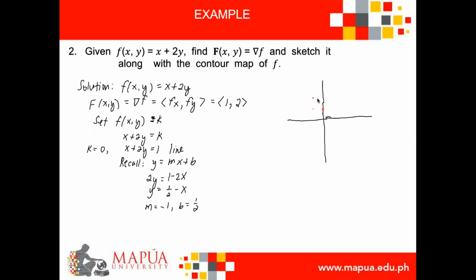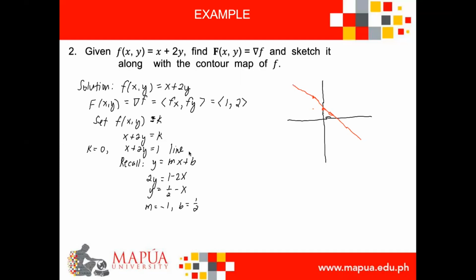From here, we can now connect these 2 points. So this forms now your line, which has the equation x plus 2y equals 1.